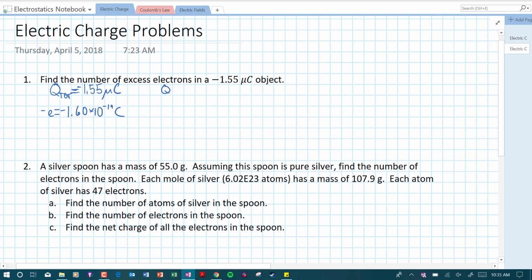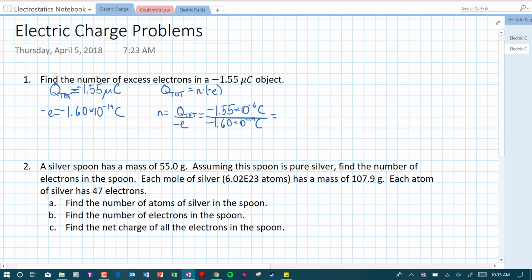The total excess charge is the number of electrons N times the charge on an electron. So if we solve for N, we get N equals Q total over negative e. That is negative 1.55 times 10 to the minus 6 coulombs over negative 1.60 times 10 to the minus 19 coulombs. Plug that into a calculator to get our answer.